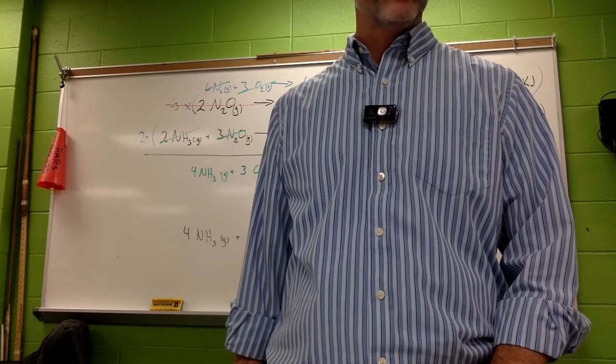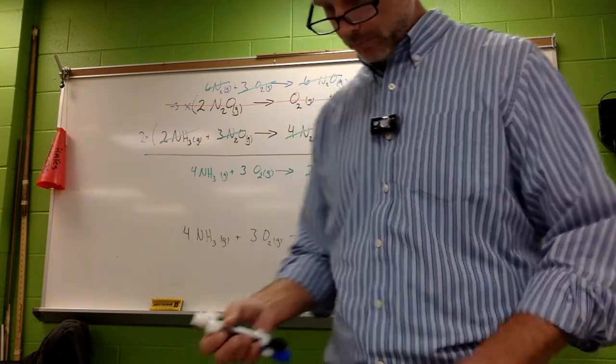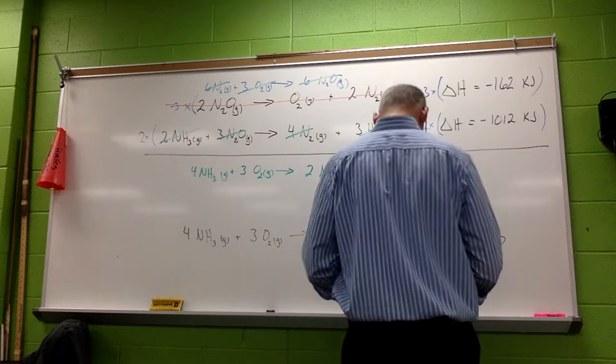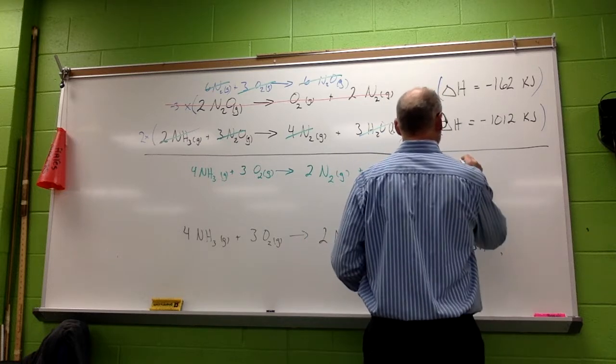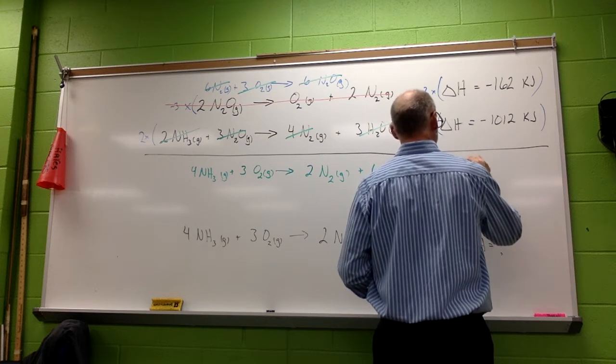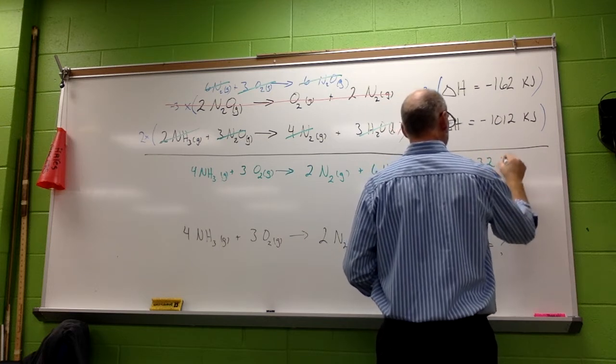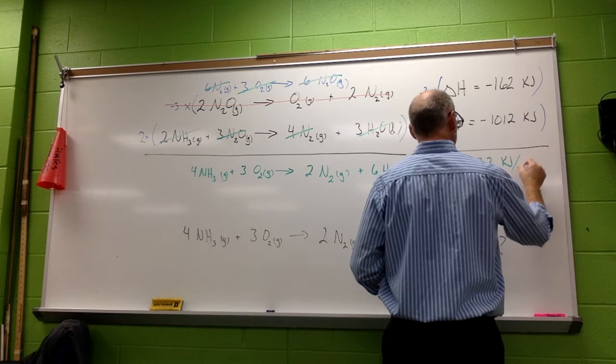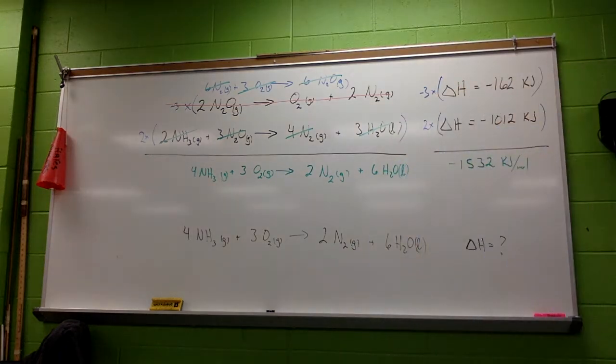I got 1532. So did I. And what sign? Yep. 1532, correct? And negative 1532 kilojoules per mole of reaction.